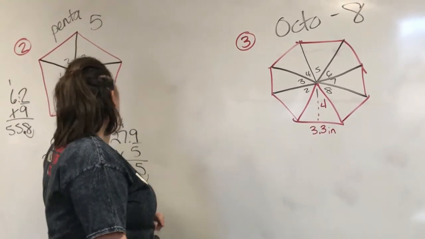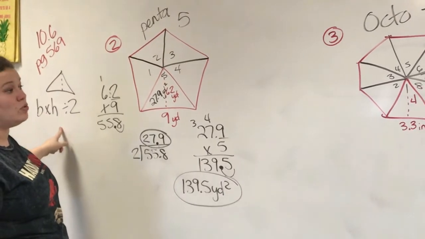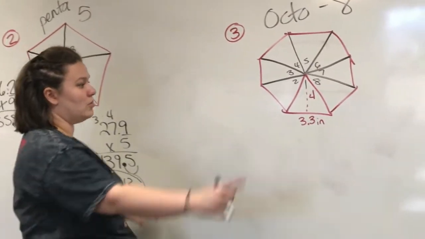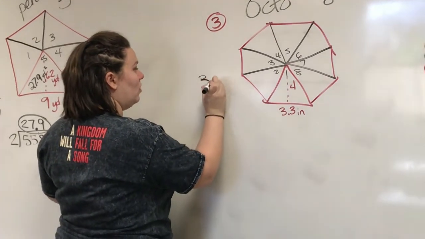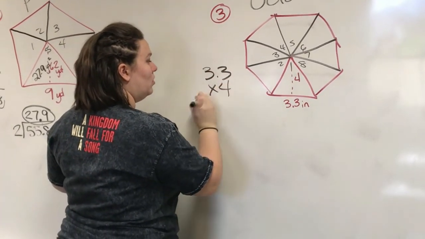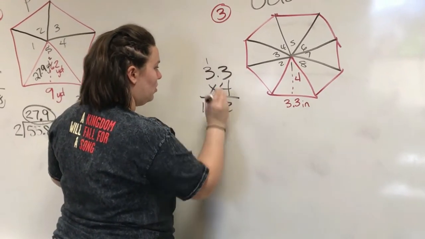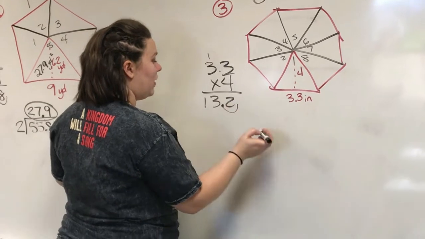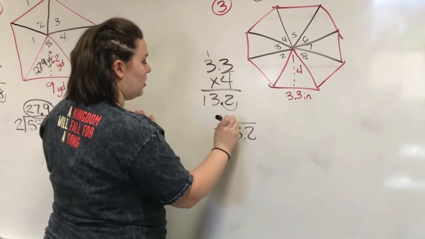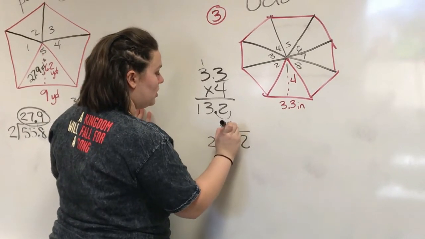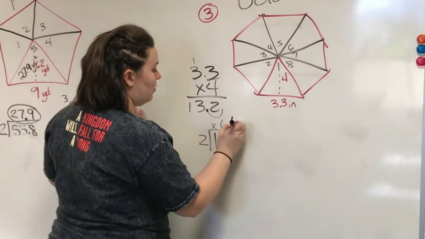So following the steps, first we need to find base times height divided by 2 for the triangle measurements that they gave us. Base times height. One decimal place, divided by 2. 2 cannot fit into 1, 2 can fit into 13, 6 times with 1 left over. Bring up your decimal, 2 can fit into 12, 6 times.